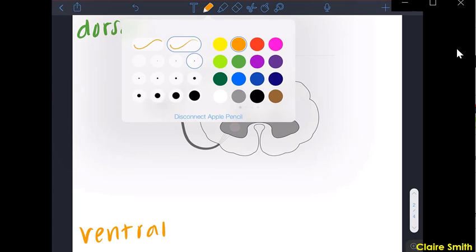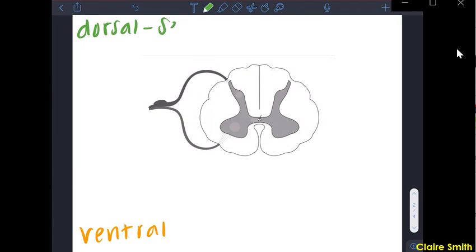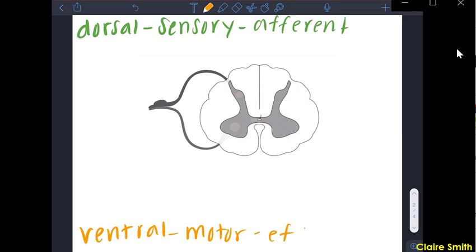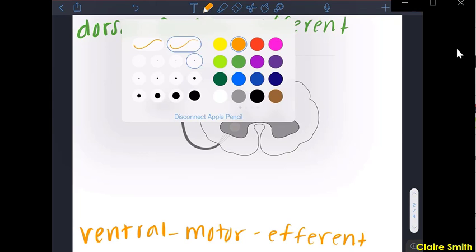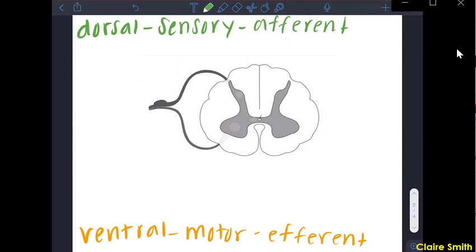When we're talking about reflexes and information being carried, sensory and motor information is going to enter and leave the spinal cord on their own side. Sensory, or afferent, information is always going to enter the dorsal side of the spinal cord. Motor, or efferent, information is always going to leave the spinal cord on the ventral side.